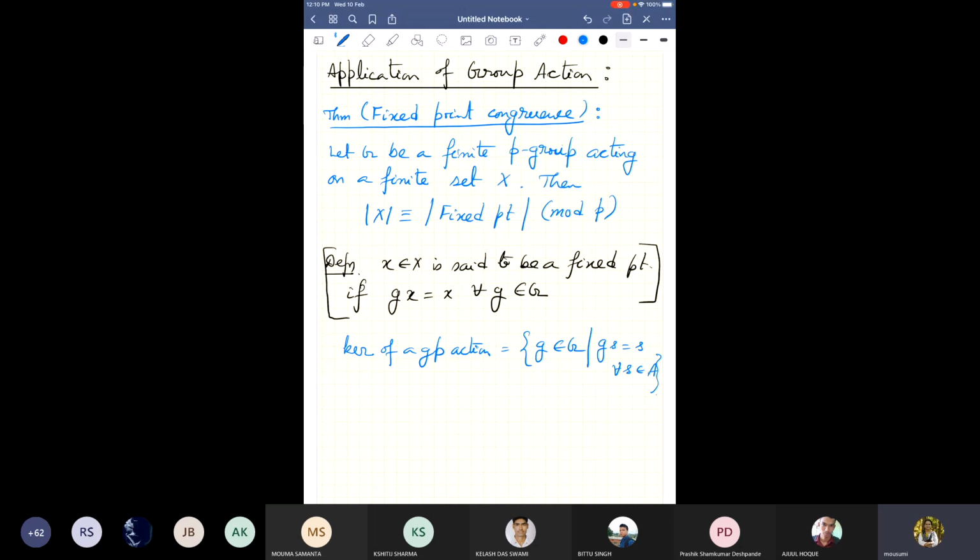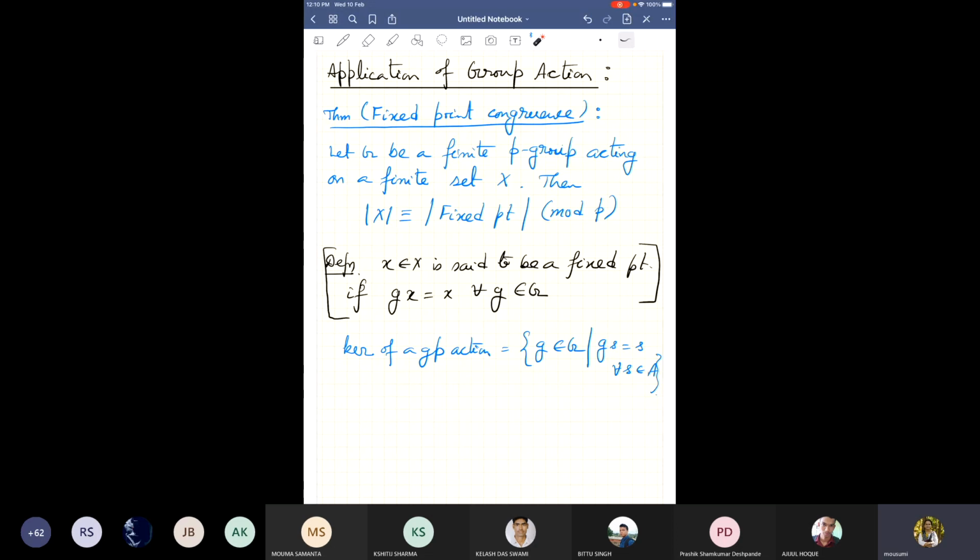It is a subset of the group G. It is the collection of all the elements of the group which fix all the elements of the set, whereas fixed points are elements of the set which remain fixed by all the elements of the group.